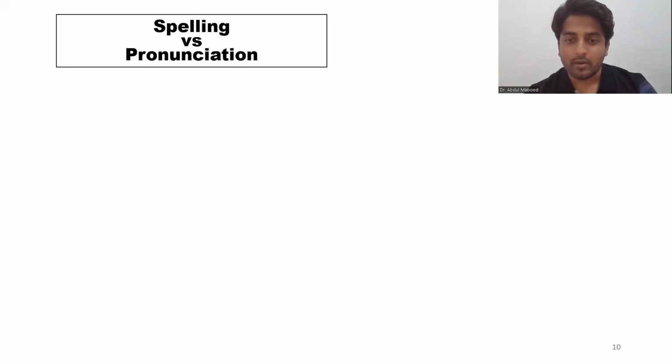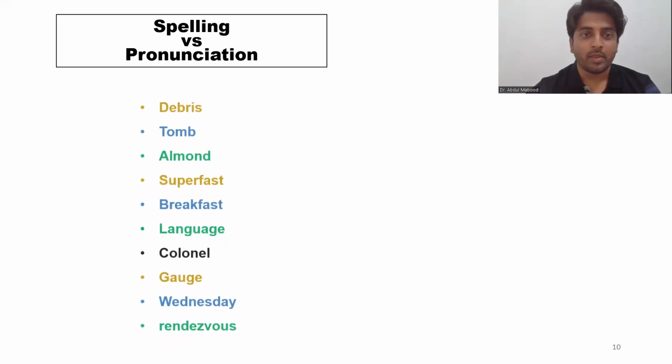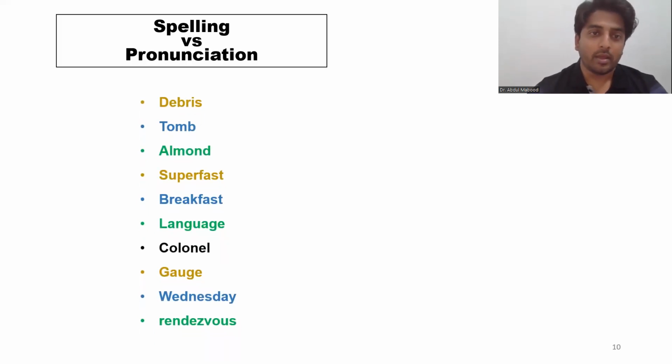What we see on the paper during reading, we do not pronounce, right? For example, read these words. If we read these words letter by letter, they would be: debris, tomb, almond, super fast, breakfast, language, colonel, gauge, Wednesday, and rendezvous.